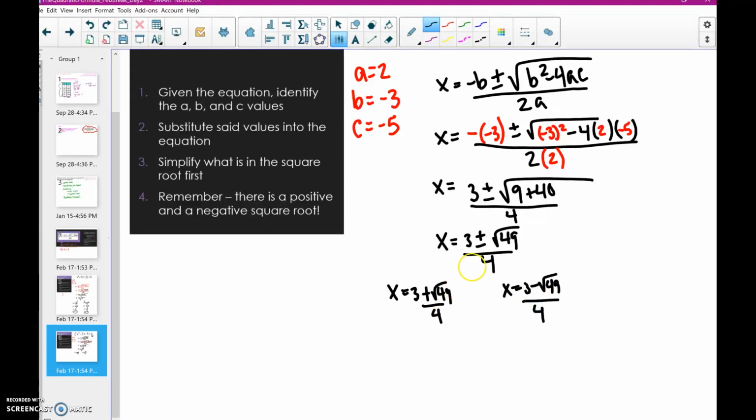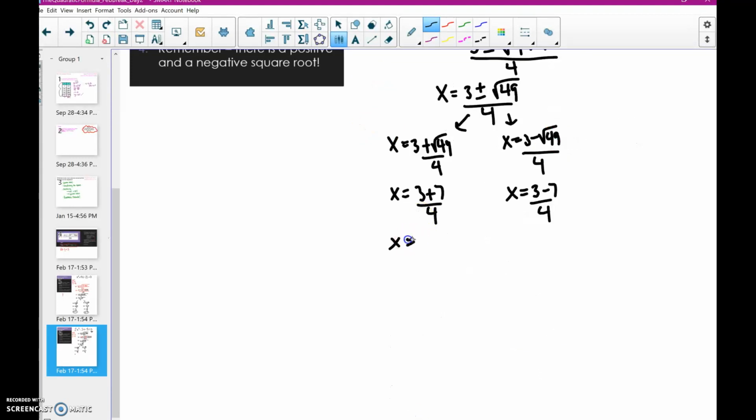If you're asking yourself, as I split these up, can I just write a 7 instead in this case because the square root of 49 is 7? Yeah, absolutely. Here we'll have 3 plus 7 over 4, and on the other side we have 3 minus 7 over 4. For our first root, if I extend the page a little bit, we have 7 plus 3 is 10, so we have 10 over 4.